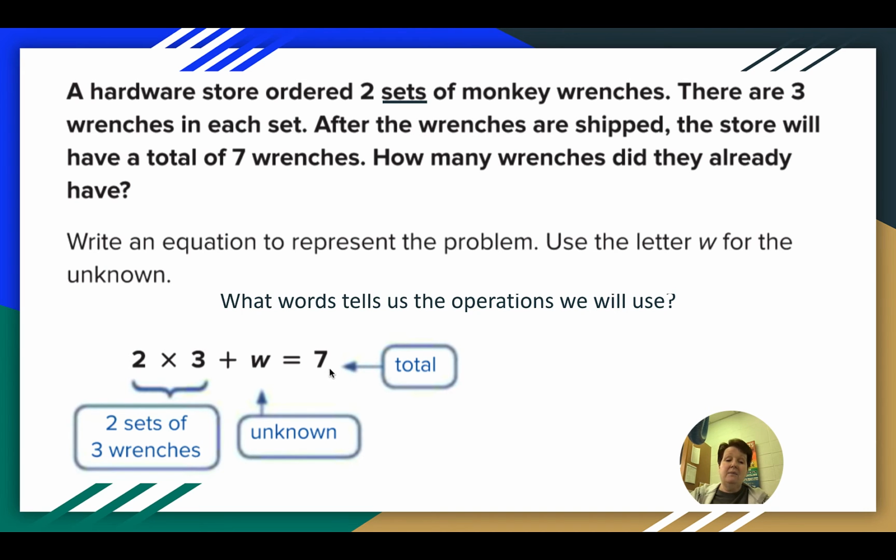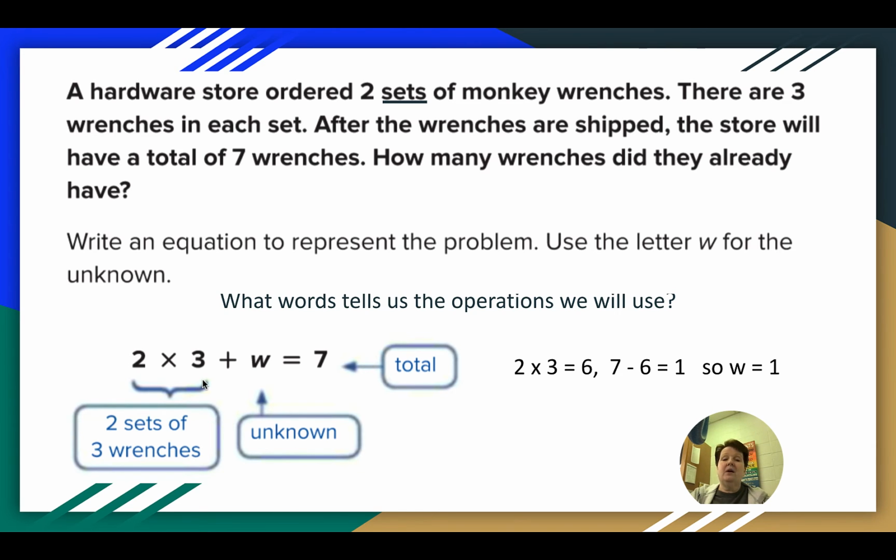And if we do that math, we can do the 2 times 3, which gives us the 6, and then we can do addition and say, okay, 6 plus what equals 7, or we can do inverse operation and do 7 minus 6. Either way will give us the answer of 1, so W equals 1.